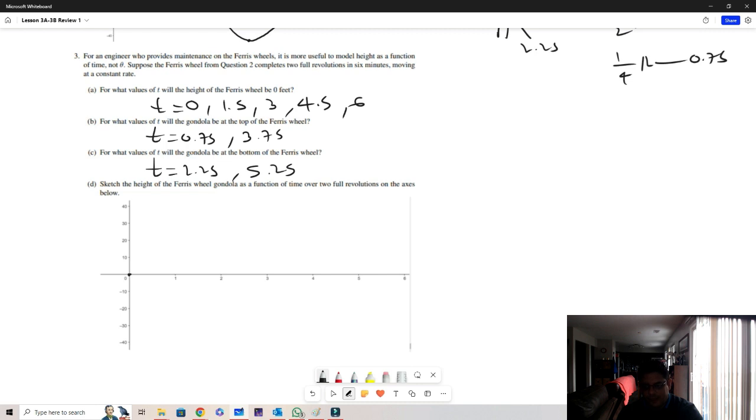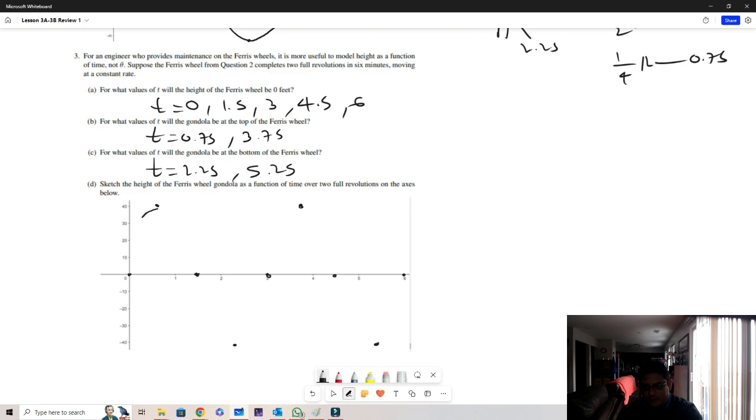So we have 0, 1.5, 3, 4.5, and 6 for the zeros. For the top, we have 0.75 and 3.75. For the bottom, we have 2.25 and 5.25. And that'll be enough to make your graph.